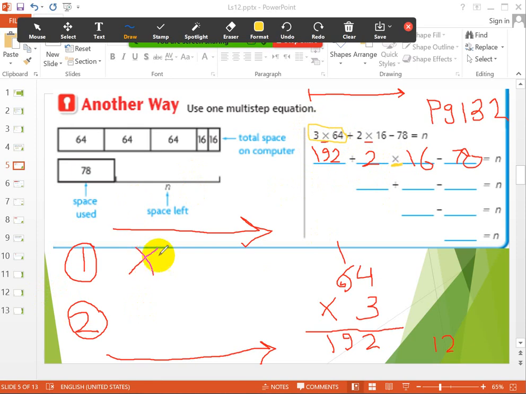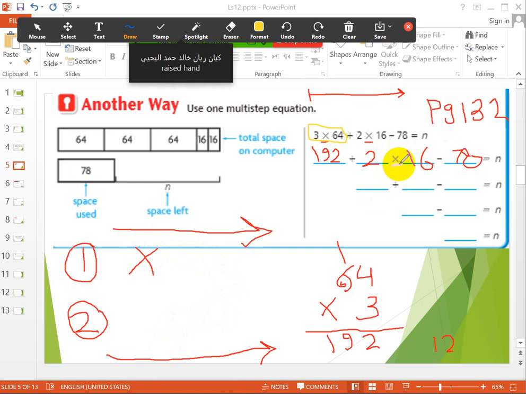So I can't move to the next operation until the multiplication is done. Here I have to multiply the 2 with 16.